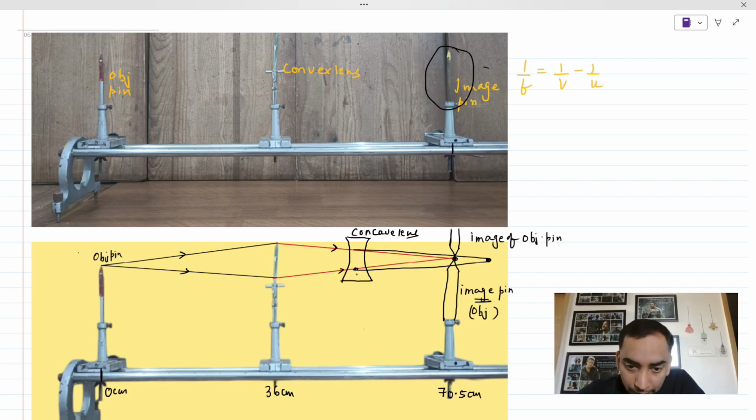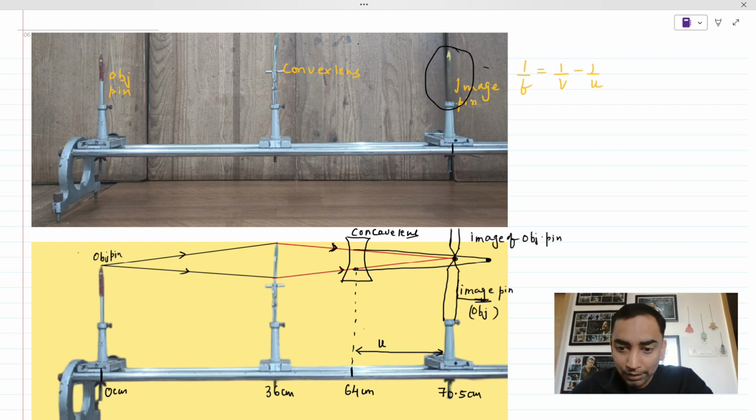And we have placed this concave lens at the 64 centimeter mark. So this distance will be referred to as u. It's a virtual object, guys. For a virtual object, the rays appear to be coming from it. They don't actually come from the virtual object, and these two are converging rays. So converging rays, when extended behind, give you the virtual object.